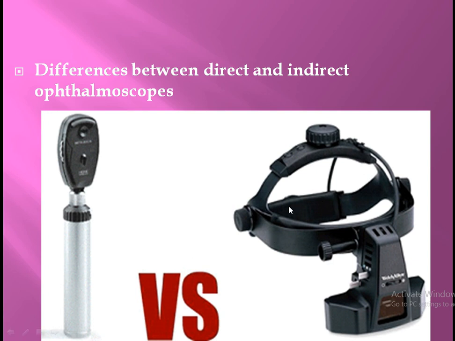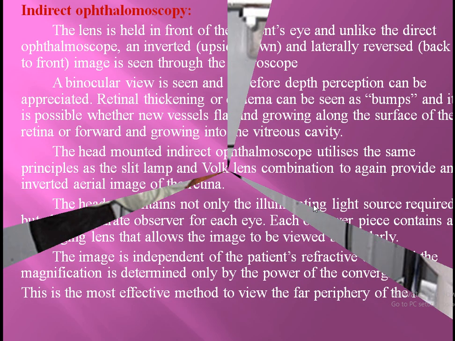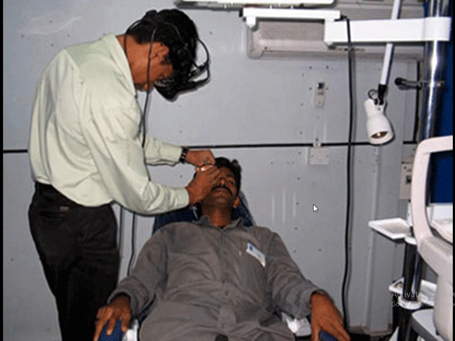While this has some difference, the light source is separate, and we can have the light source over the head here, and the lens is kept in the hand of the ophthalmologist. Now I will show you this picture again, that you can see the ophthalmologist using the light source here while placing the lens in hand here.